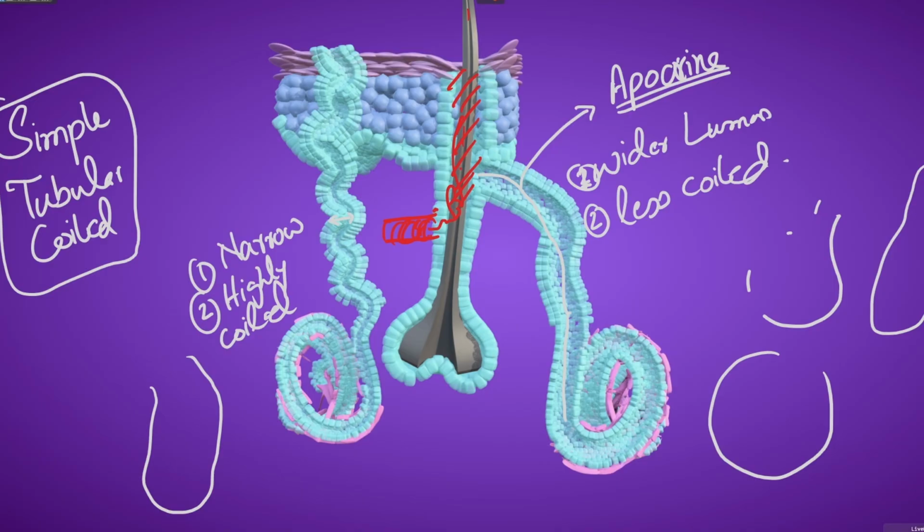Within the pilosebaceous canal, the secretions of apocrine sweat glands are released. This is typical of apocrine gland, but some exceptions are there. Sometimes if the hair follicle is not there, apocrine sweat glands may also open directly into the surface of skin, just like the merocrine or eccrine sweat glands.